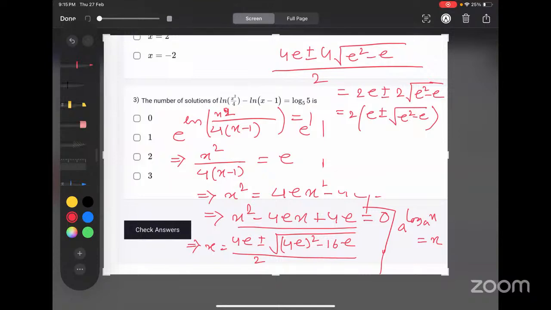That means this quantity is always positive, so we should have two solutions. If this is positive, we also have to check whether it is greater than 1.